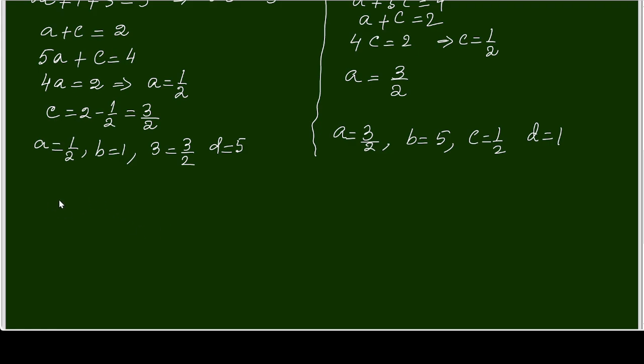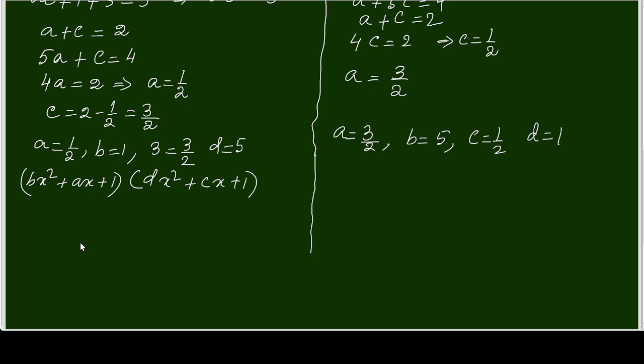So next, writing in the equation, when d is equal to 5, the equation we took as bx square plus ax plus 1, and here dx square plus cx plus 1.